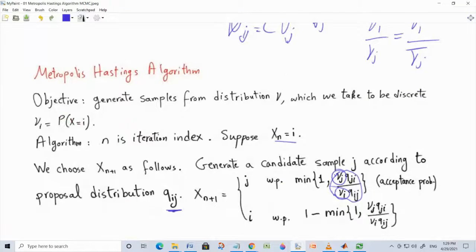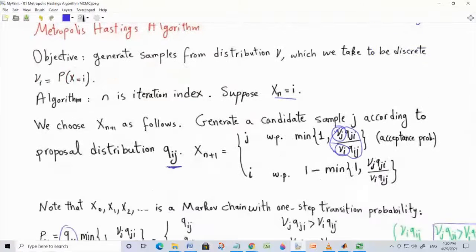So the nice thing about the design of this algorithm is that it makes use of ratios, and because it makes use of ratios, you do not really need to have a proper PMF. If the PMF is known up to a normalizing constant, it's okay. You can work with this algorithm, and it will work very fine, because you don't really need the absolute values of the probabilities.